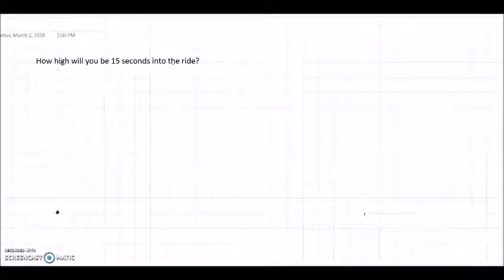To find out how high we'll be in 15 seconds, we first have to graph.